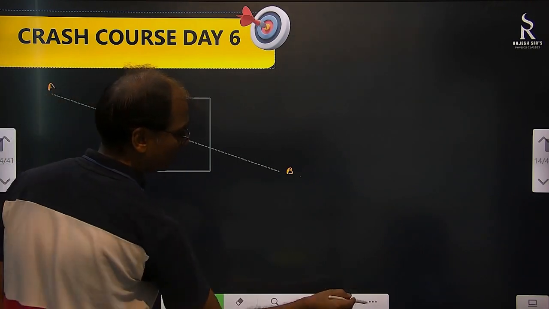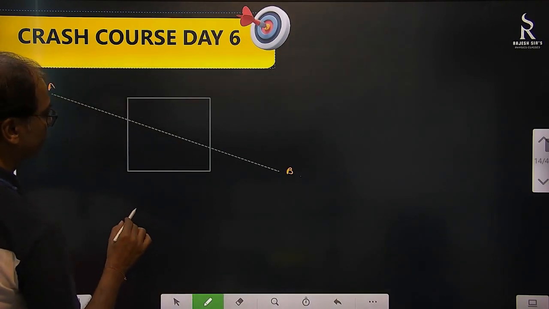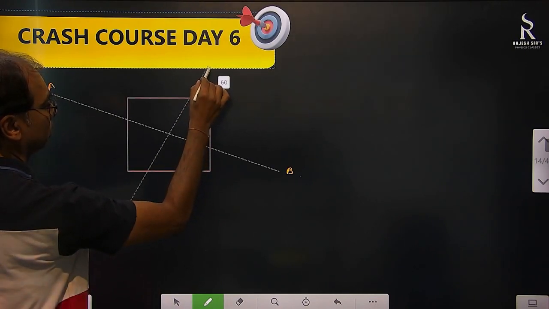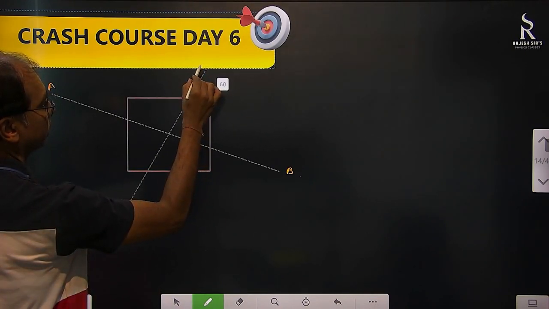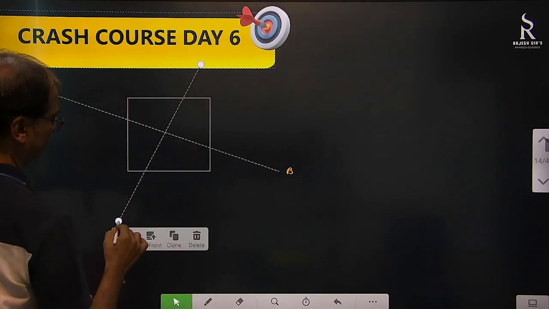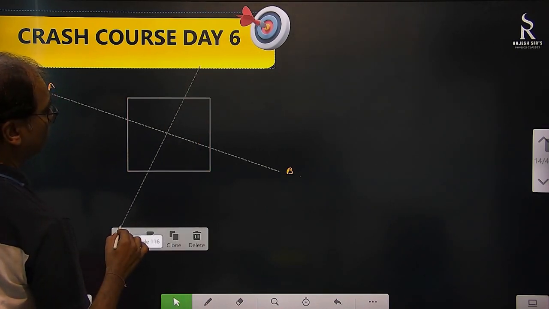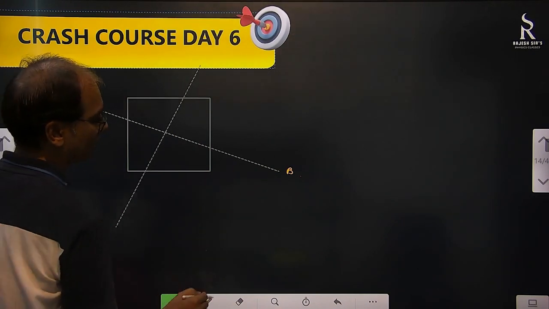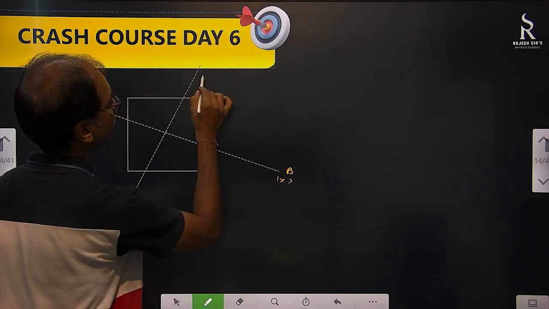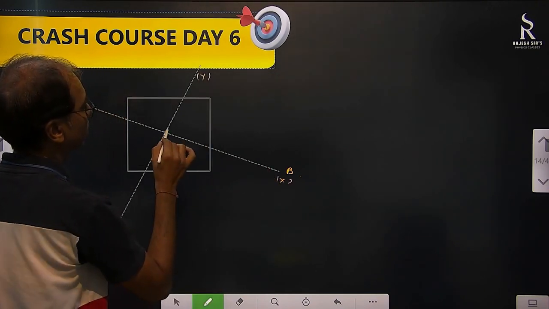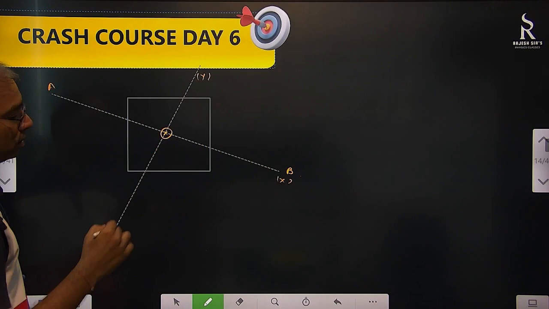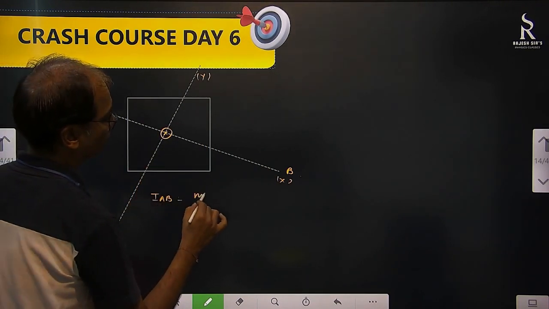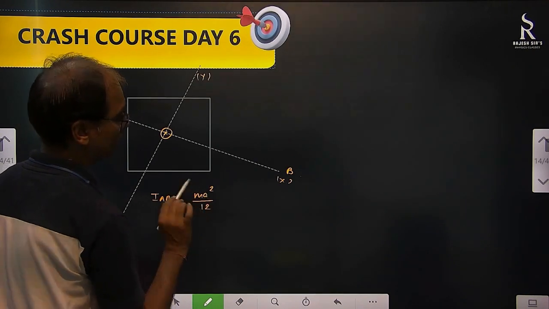Perpendicular to this, something like this it will be, perpendicular and passing through the center. So if this is the x-axis, then this is the y-axis, and this is perpendicular to the plane. So IAB again is ma square by 12. Remember that. This is for a square.